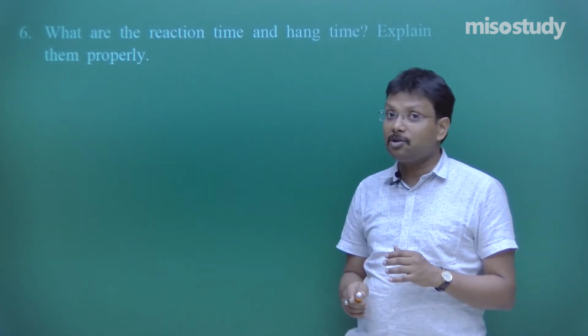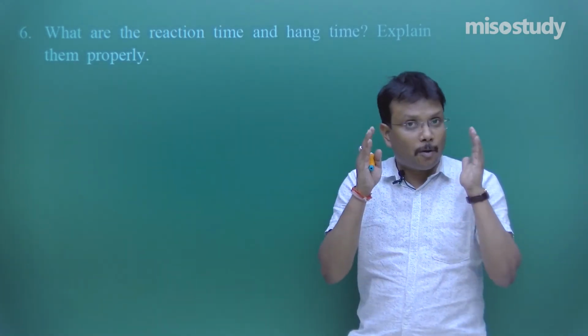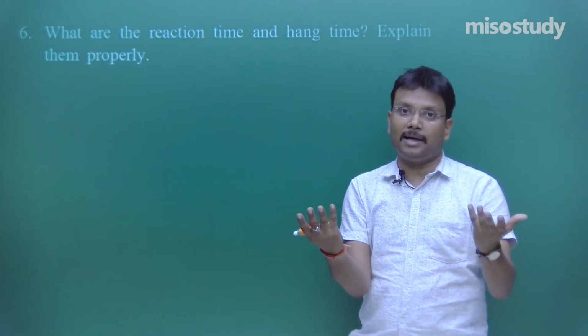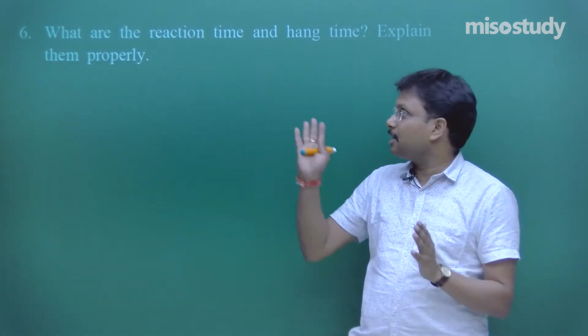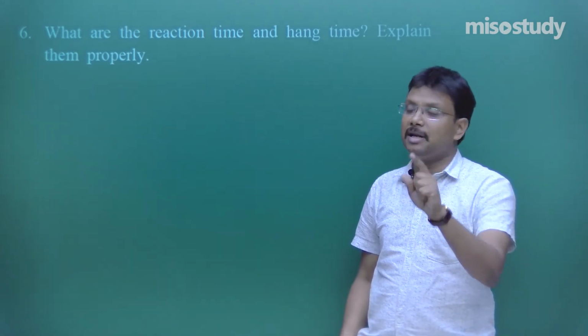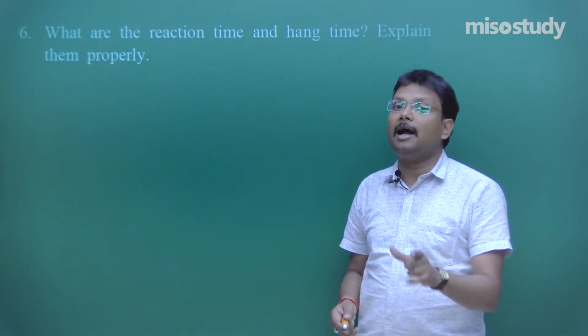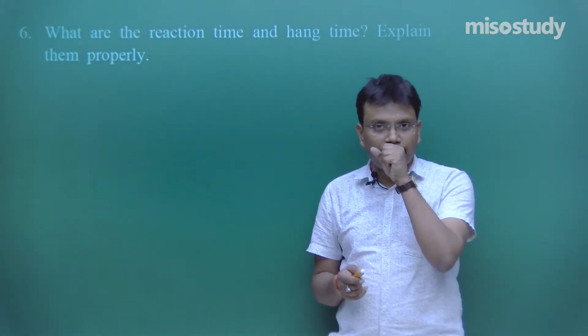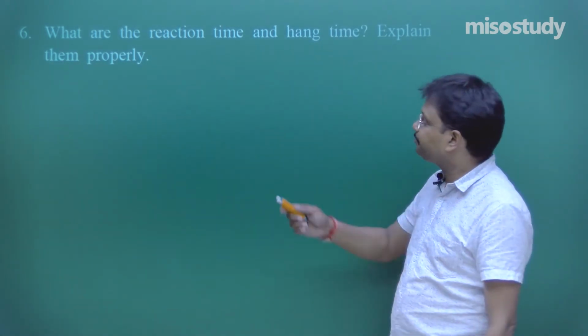So reaction time is, in physics, if you are observing any incident and then responding to that incident, that is reaction time. And the best example is motion of car and pedestrian. By this example you can very easily understand this question.